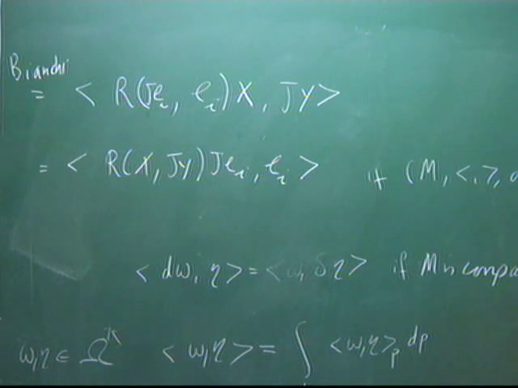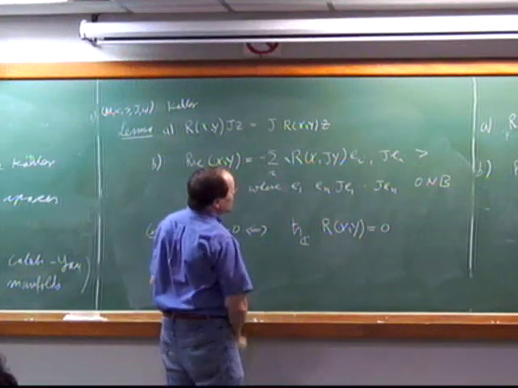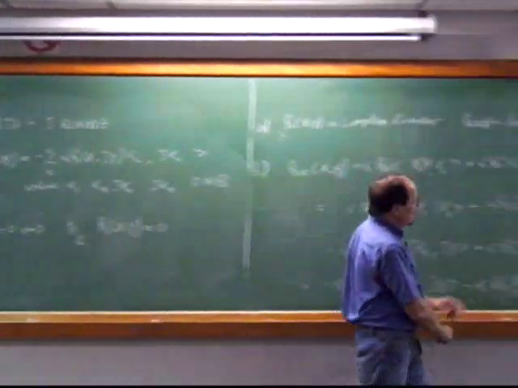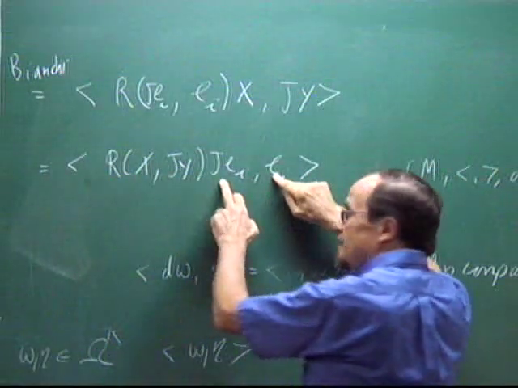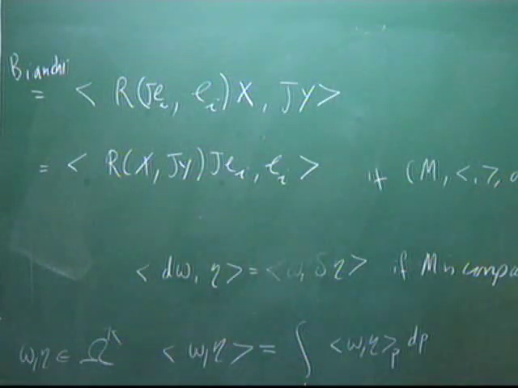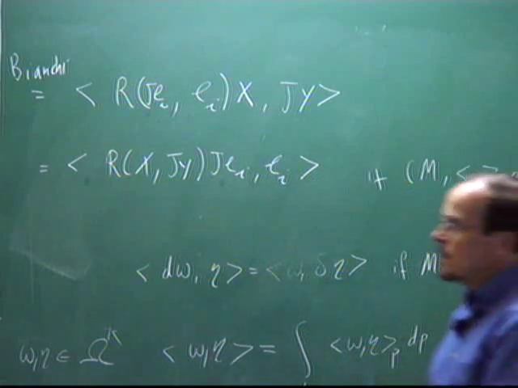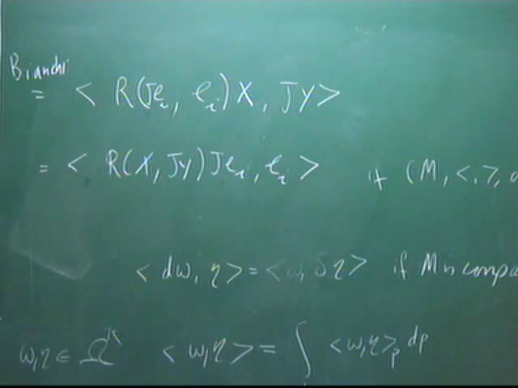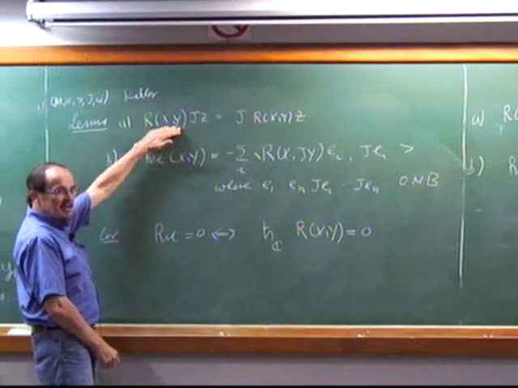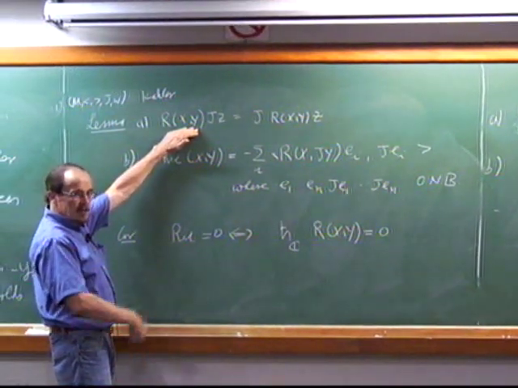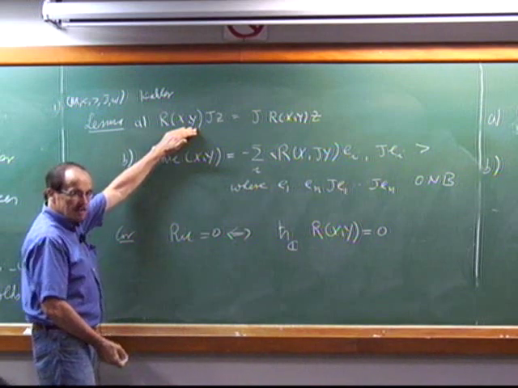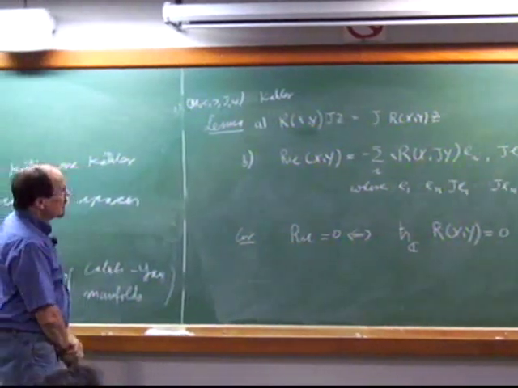So maybe here's a minus sign, or I put it over here. If I have this here, I can multiply J on both sides, bring it inside, J squared is minus 1, so I can put it either way up to sign. So these are nice calculations. This here uses the holonomy group already. That's where it comes in. It's complex linear because the holonomy group is U(n). So that's where the Kähler condition comes in.